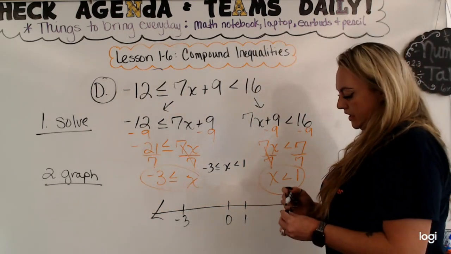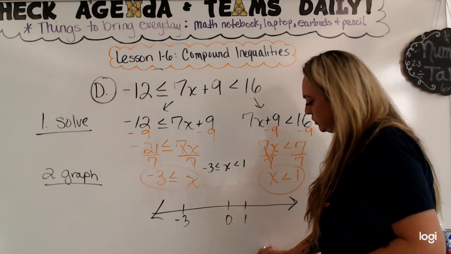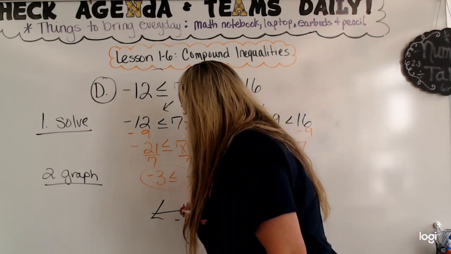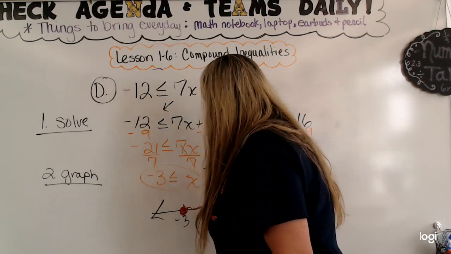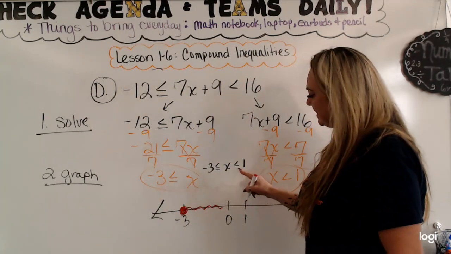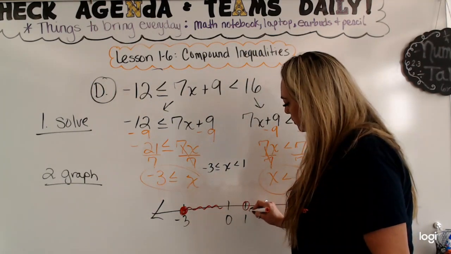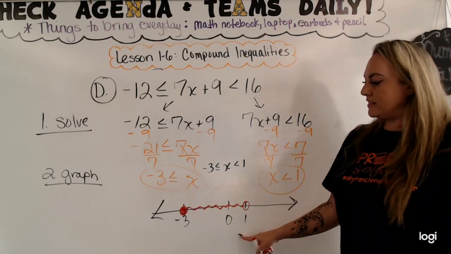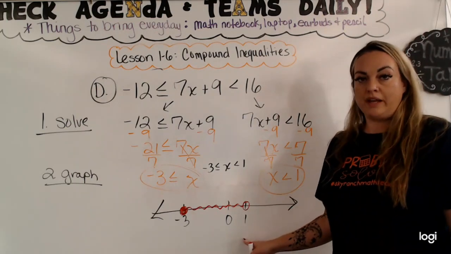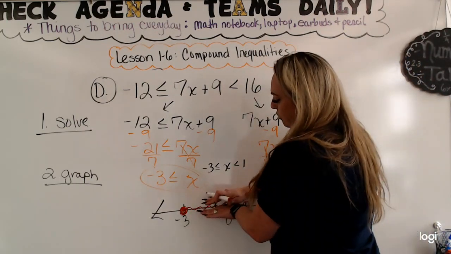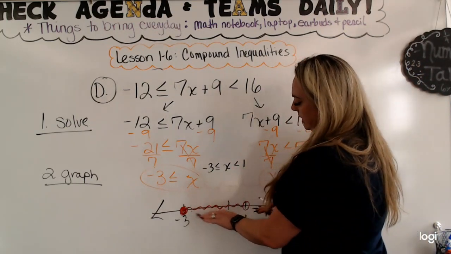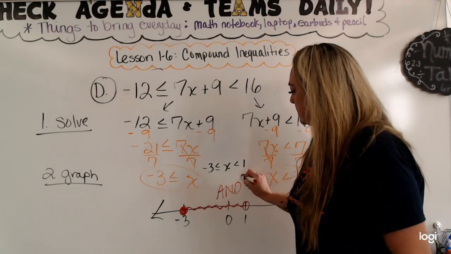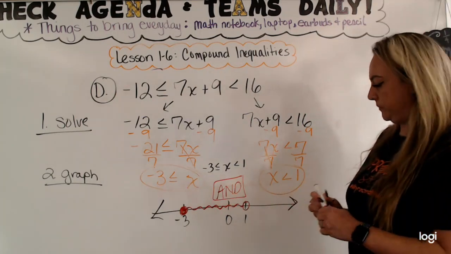Okay, x is greater than or equal to negative 3. Closed circle, greater than, right? X is less than 1. Open circle at 1, less than. So this is an and inequality, right? These solutions are overlapping in between negative 3 and 1. So this is an and inequality.